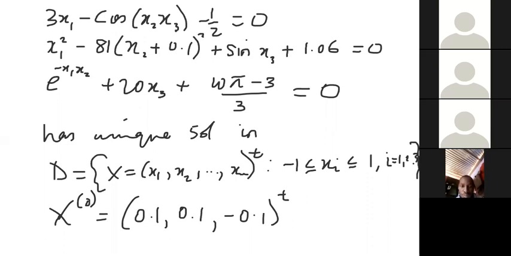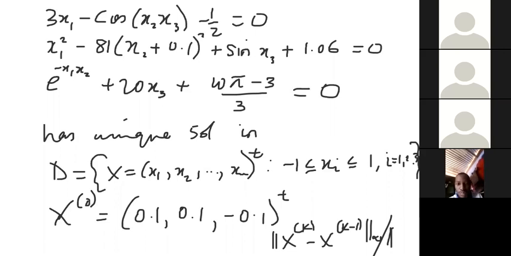And then the stopping criterion we are going to use is the L infinity norm of xk minus x(k-1), divided by the L infinity norm of xk, and this should be less than 10 to power negative 5.